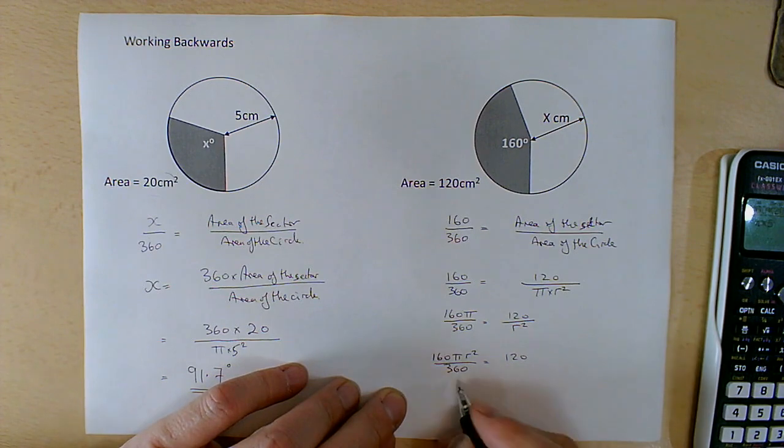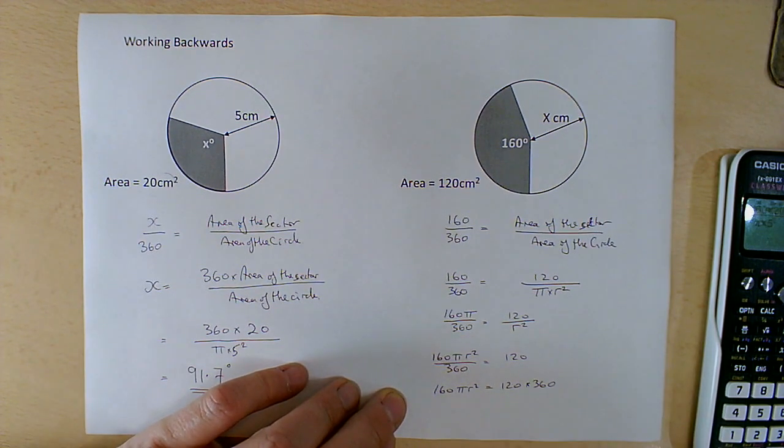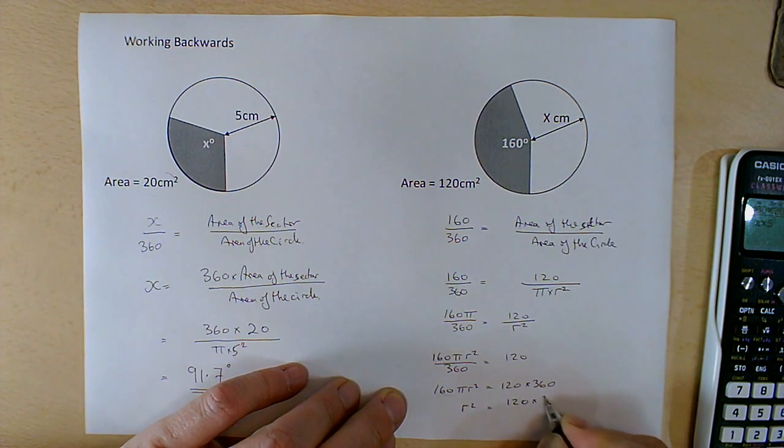And now we're going to multiply both sides by this 360. So 160 pi r squared equals 120 times 360. And now finally, to get our r, we have to divide by 160 pi. So r squared equals 120 times 360 divided by 160 pi.